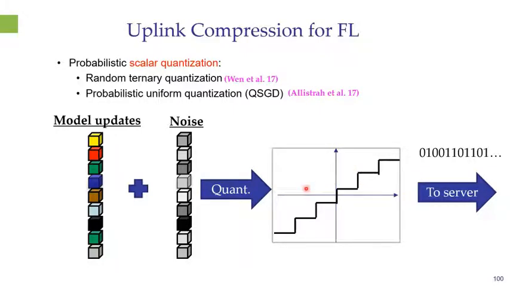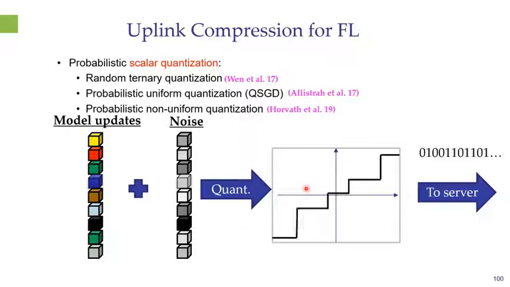And it can also be non-uniform quantization, which is the recently proposed natural quantization for federated learning. All of these approaches aim at representing the model updates using a limited number of bits, where the presence of noise in fact facilitates convergence of federated learning despite the distortion induced by quantization.